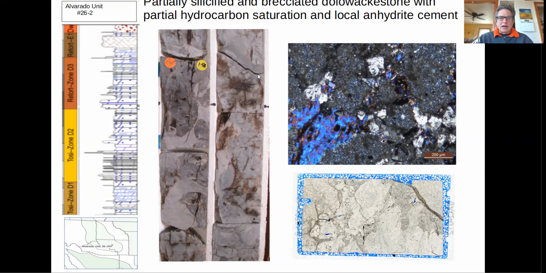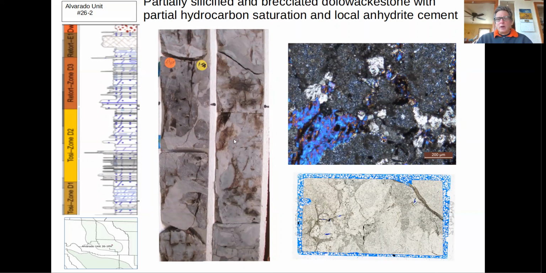Oftentimes they're called stylolites. So we see a lot of these stylolites in this section, particularly in the carbonates. The stylolites are not so much shown in the chert nodules, but the chert nodules themselves are oftentimes very significantly brecciated. You can see these fractures here that are in part filled with mobilized hydrocarbons.